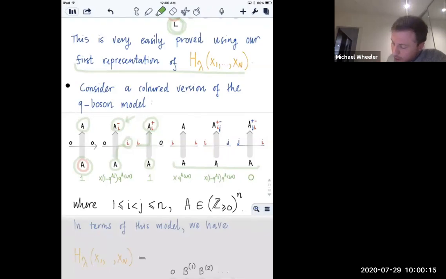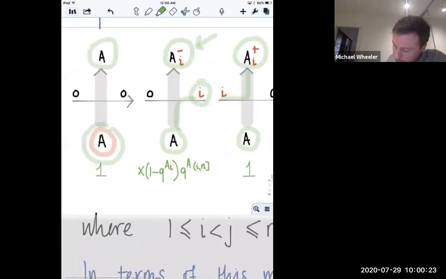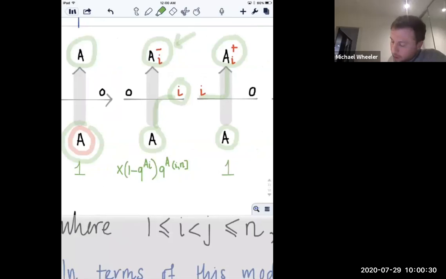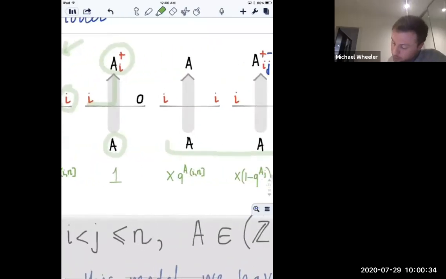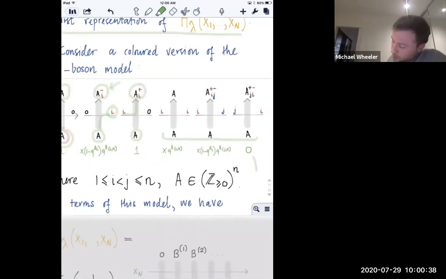All right. And so each one of these has a weight, which is indicated by the green underneath here. But again, the important thing to note here, these are just polynomial weights in X with some additional Q dependence, which is given along here. And actually the final vertex is just equal to 0, so it has weight 0.